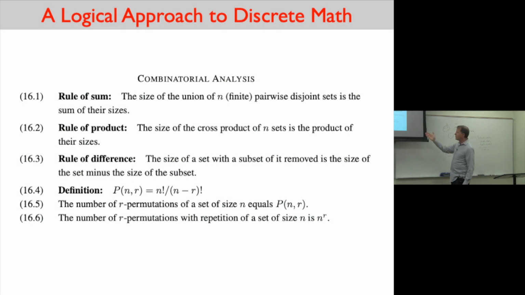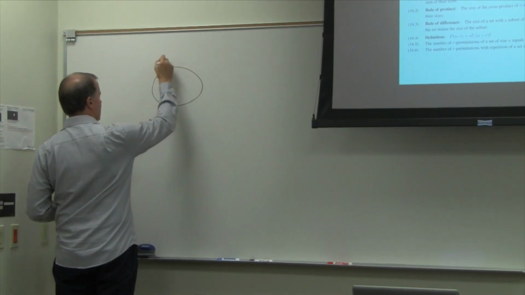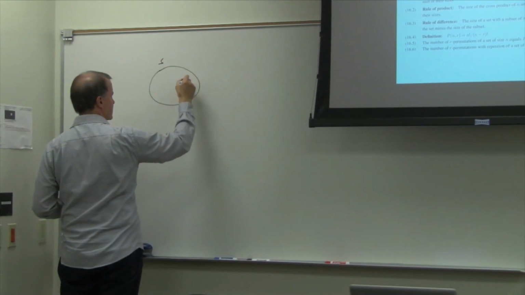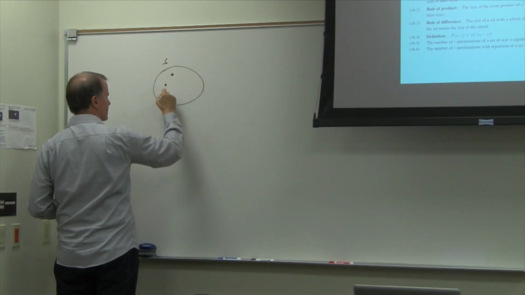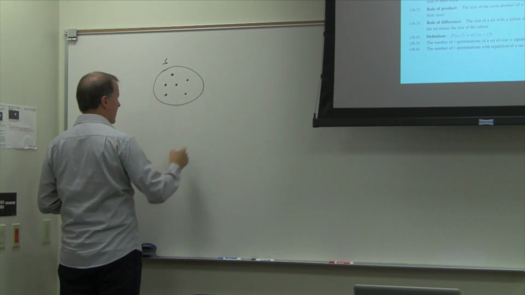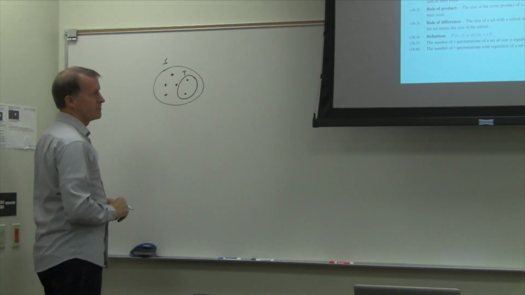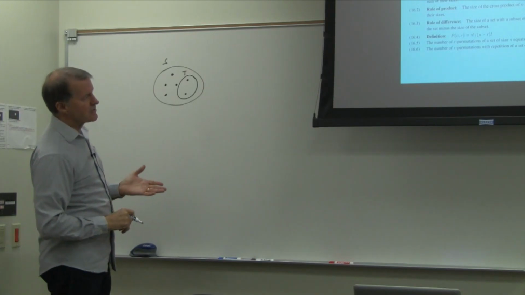And then 16.3 is the rule of difference. The size of a set with a subset of it removed is the size of the set minus the size of the subset. So here's the set S, and suppose we have a subset which is T. It says the size of the set with the subset of it removed.